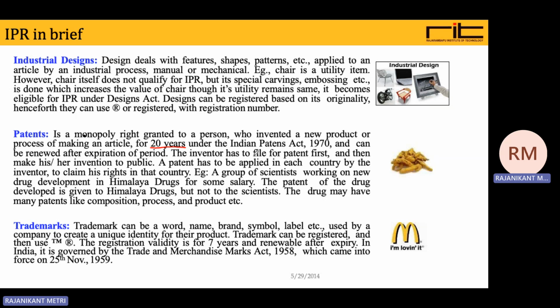A trademark can be registered and then use TM or R. The registration validity is 7 years and renewable after expiry. In India, it is governed by the Trade and Merchandise Marks Act 1958, which came into force in 1959.